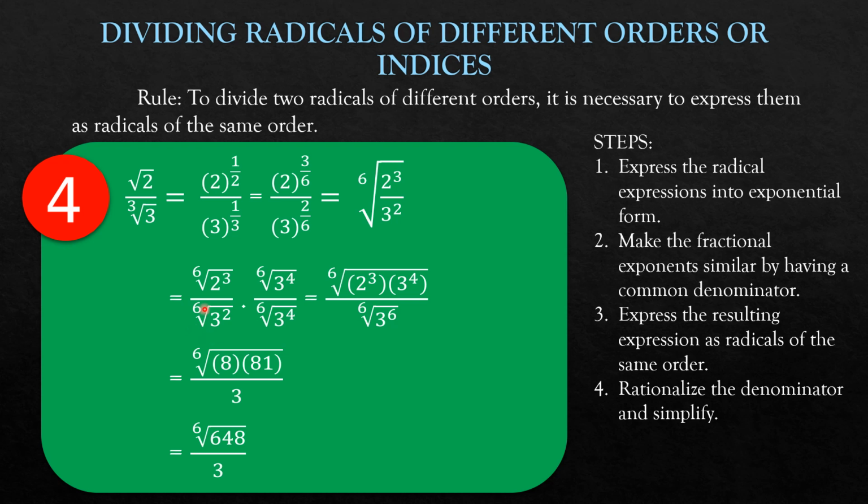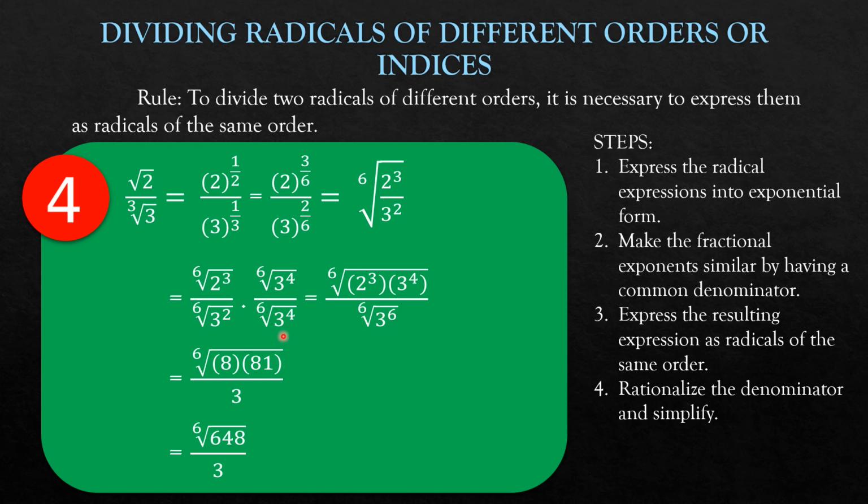Since ito, ang index natin ay 6, and ang denominator natin ay 3 squared lang, so para tanggal natin yung ating radical, kailangan ang exponent ni 3 ay maging 6. So, kung 2 lang yan, kulang pa siya ng 4. Kaya kung mapapansin ninyo, minultiply natin siya kay 6 root of 3 raised to 4.